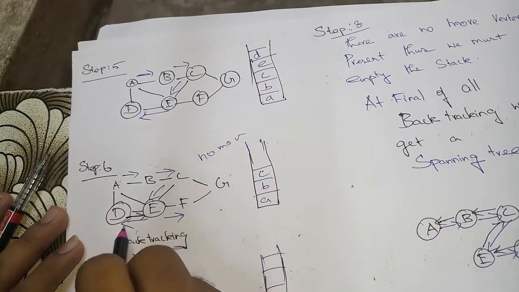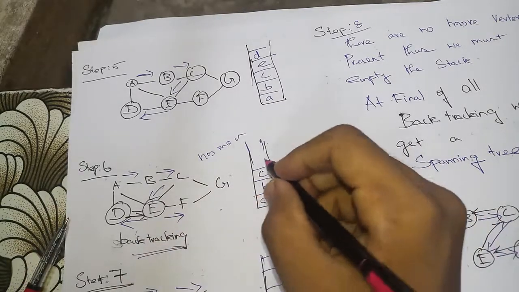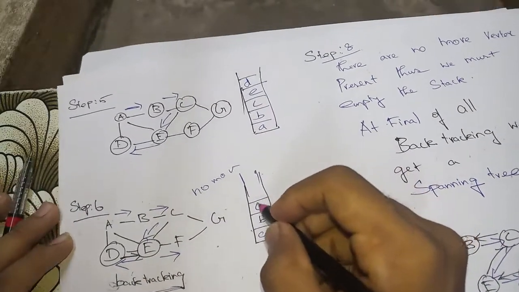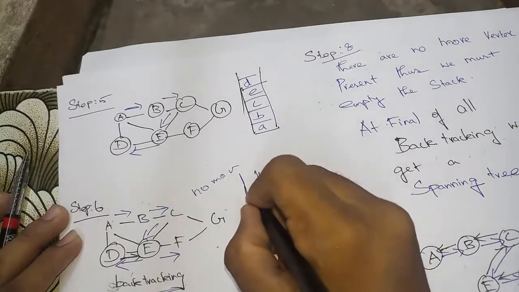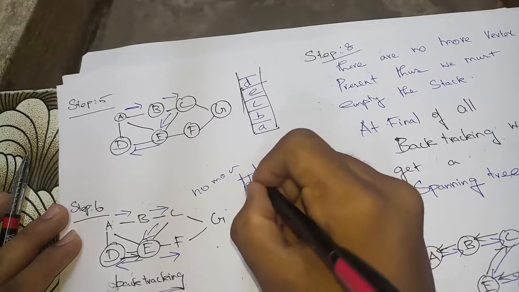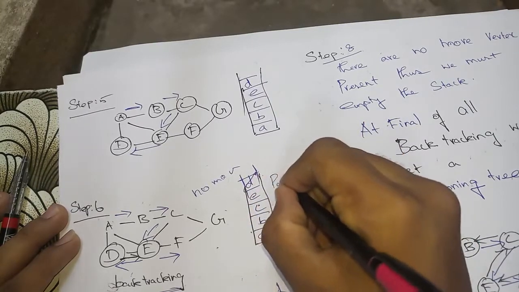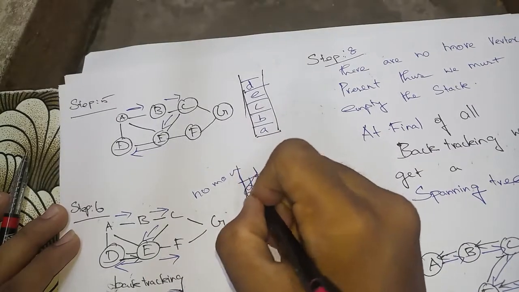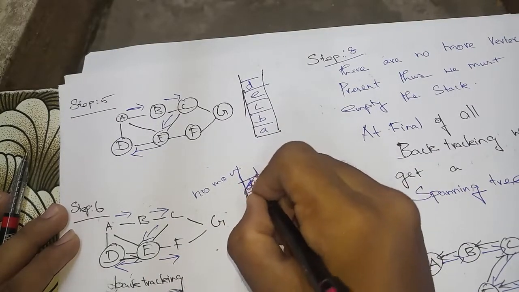Backtracking means reversing the process and taking an element from the stack. So we have C, E, D. The D element is popped out and F is pushed in at the place of D.